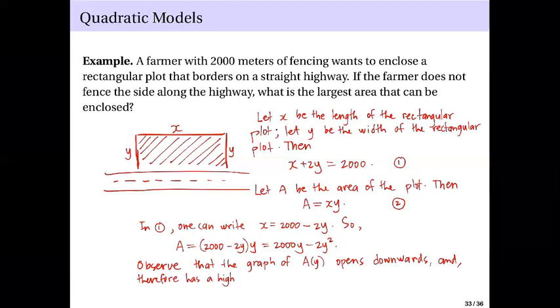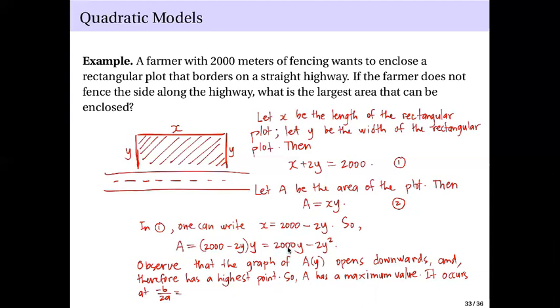So area A has a maximum value. Okay. So it occurs at, remember, negative b over 2a. Okay. It occurs at negative b over 2a.